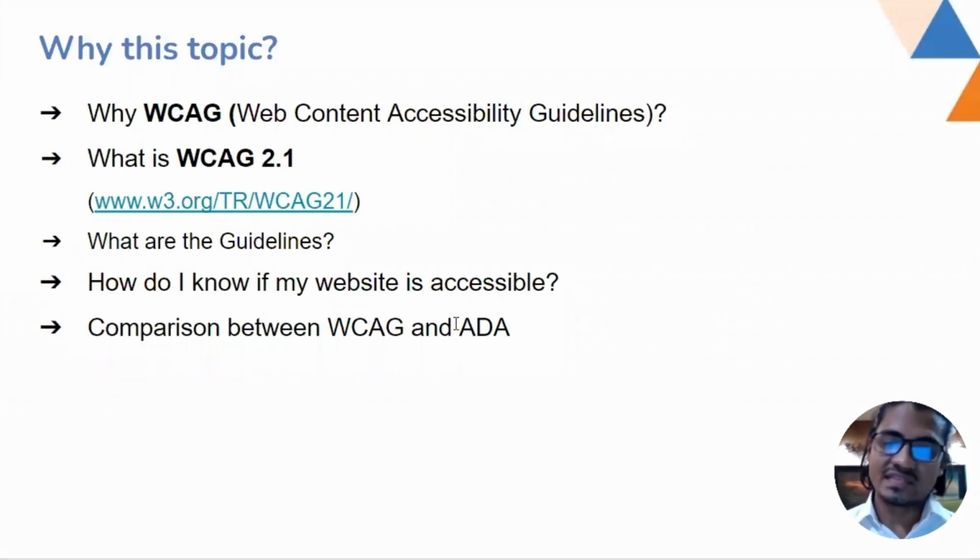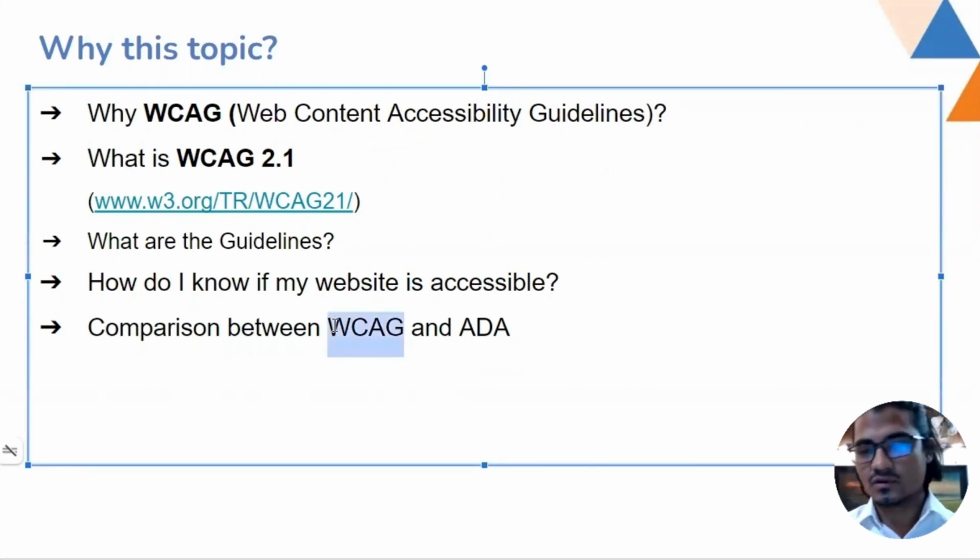But America did not publish any guidelines for this, that is, what kind of rules companies need to follow. But American law firms and courts, in some of the cases, have mentioned that they need to follow the WCAG guidelines. So WCAG guidelines are the technical guidelines for ADA, but with different organizations.